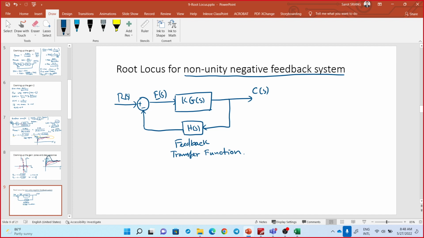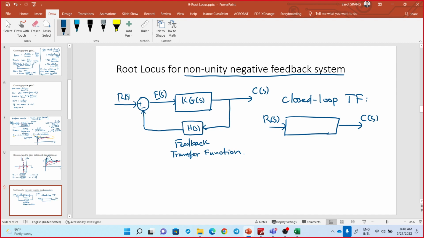Then you can find the closed loop transfer function, where TF means transfer function, the input is R of s and the output is C of s. Inside here you get k G of s over 1 plus k G of s times H of s.